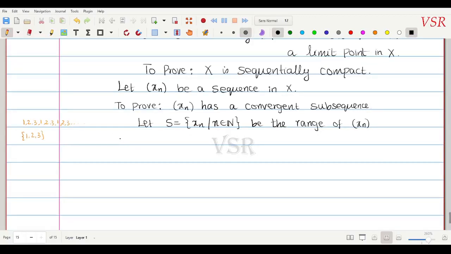If capital S is finite, then there is at least one term repeated infinitely many times.